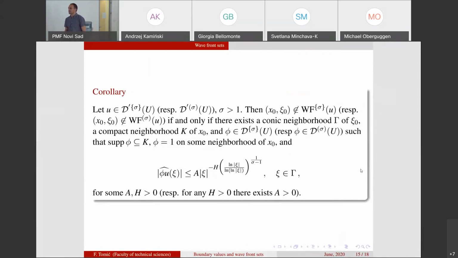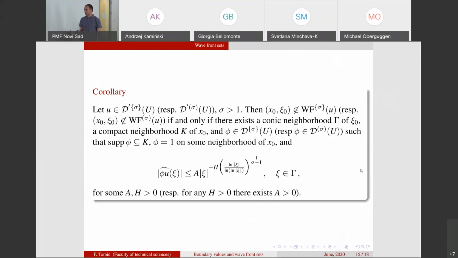Well, this is not exactly the corollary, but it's more like a theorem, because no, sorry, this is the corollary. This is actually the characterization of these intersections and unions of wavefront sets. So here we have very particular decay of this Fourier transform.